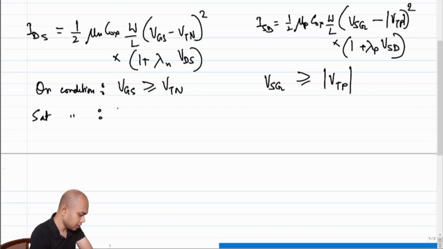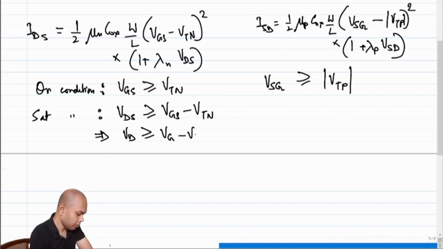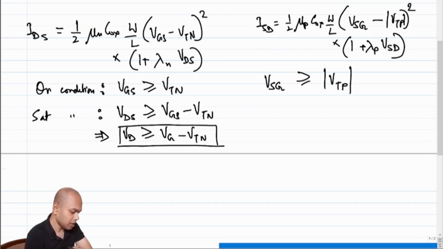Okay, so what is the condition on saturation region? The saturation region condition is VDS should be greater than VGS minus threshold voltage, which implies the drain voltage should be greater than the gate voltage minus threshold voltage. This is the condition that we were using throughout the course. So what is the corresponding condition in case of a PMOS? If we simply say that everything is reversed, right? Source becomes drain, drain becomes source, and so on.